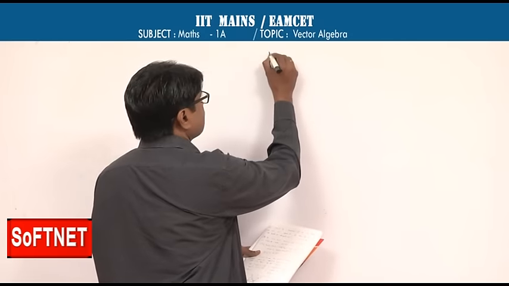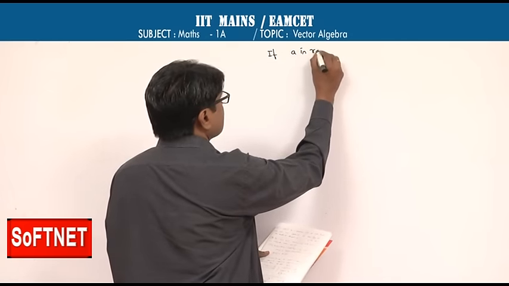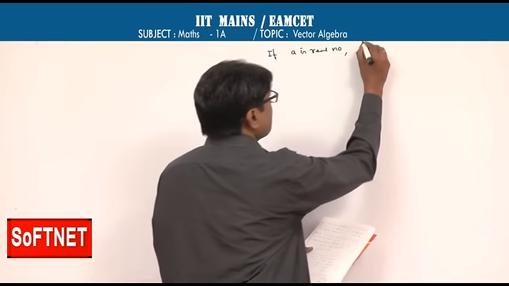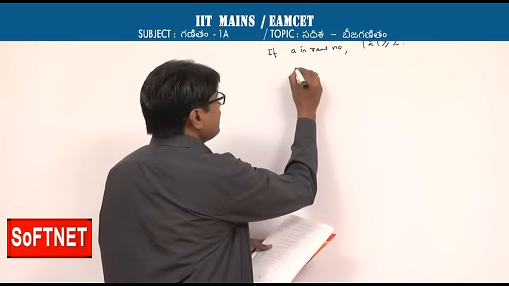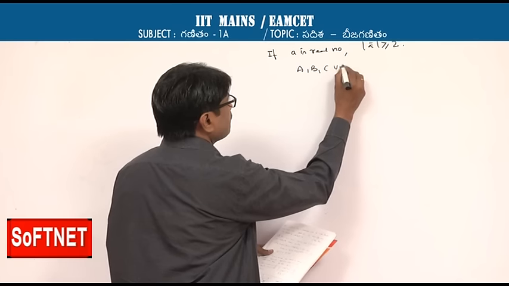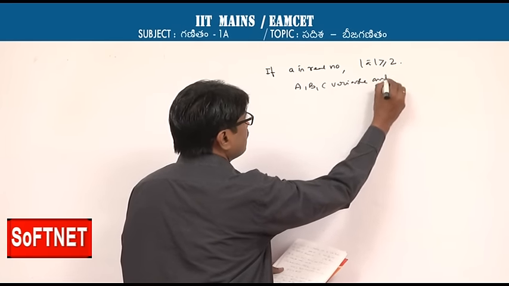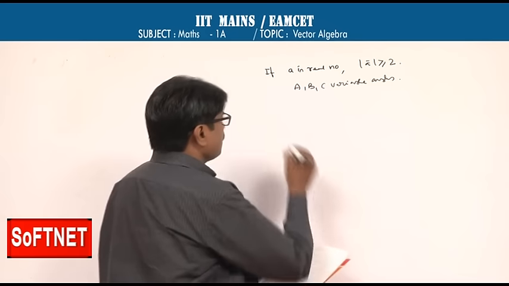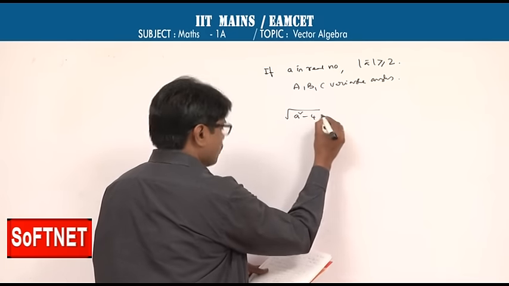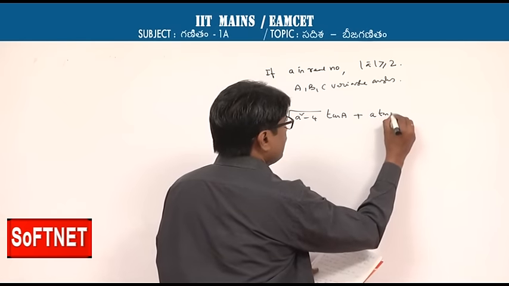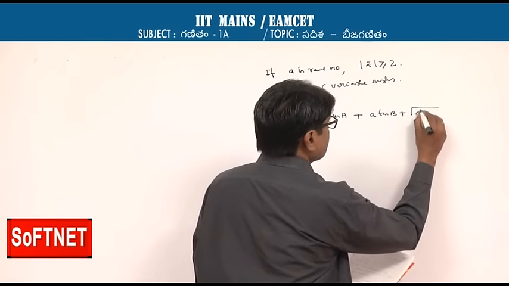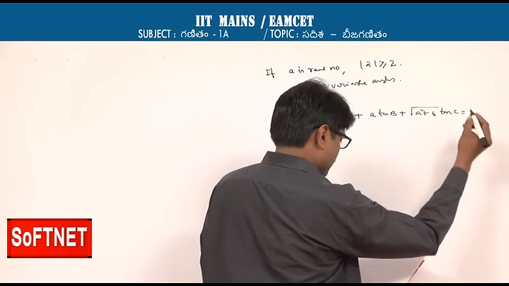That means this is a problem related to the basics of dot product. What is it? If A is a real number, mod of A bar greater than or equal to 2, and A, B, C are variable angles which take any angles such that root of A square minus 4 times tan A plus A times tan B plus root of A square plus 4 times tan C will be equal to 6A.